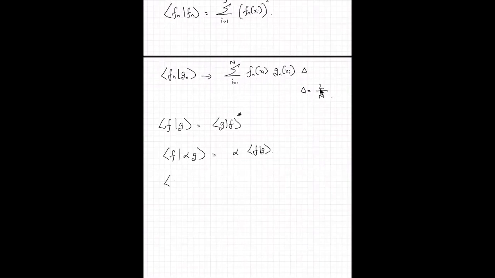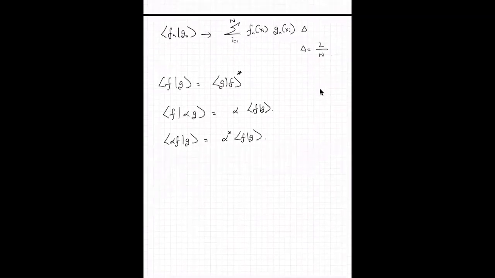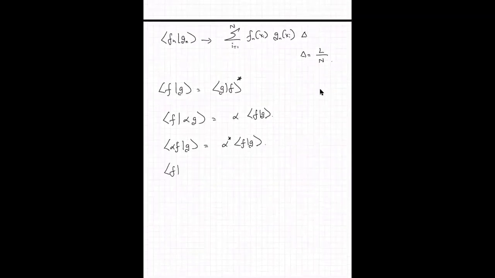And if I consider alpha fg, this should be alpha star fg. And linearity, which is f of alpha g plus beta h, should be alpha fg plus beta fh. This is the notion of linearity.